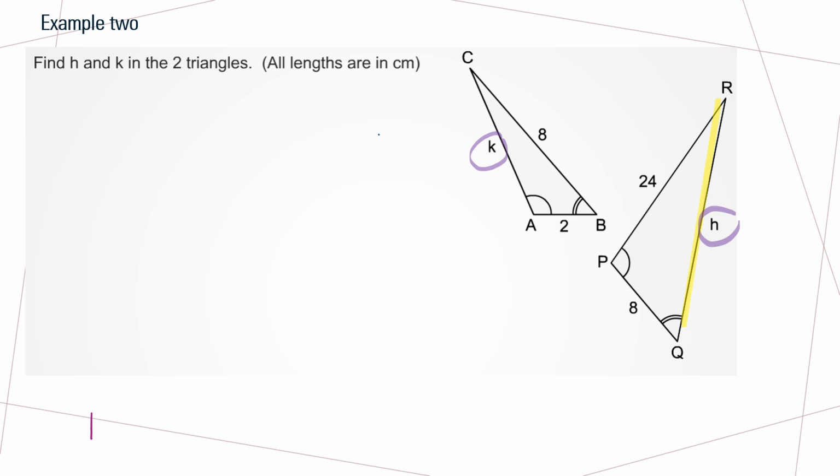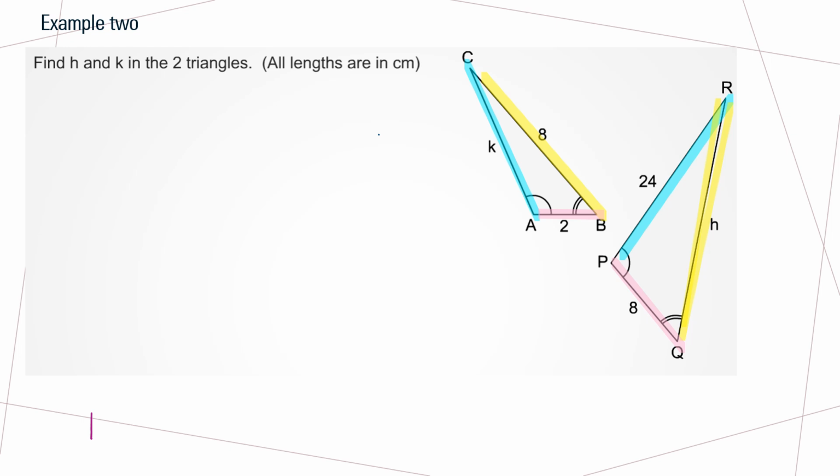You can only rely on the three corresponding angles being the same. Let's go on to prove it. Let's compare the sides first: the second shorter side of the first triangle compared with the second shorter side of the second triangle, the longest one with the longest one, and the shortest one with the shortest one.